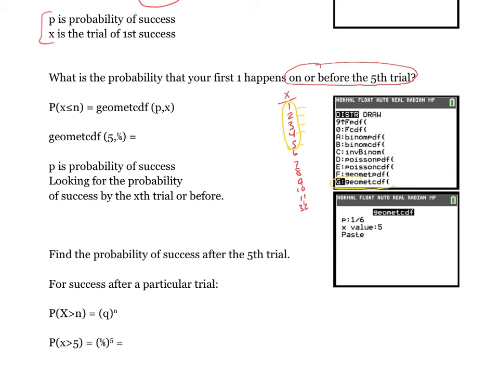And that's Geometric CDF. Okay, so this one's the C. Again, you're just going to type in two numbers. P is the probability of success. And the X is what trial do you want your success on or before. So if I want it on the fifth trial or less, I would type in a 5 and a 1/6. Okay, so if I go to my calculator, this is what you would type in, 1/6 and 5.